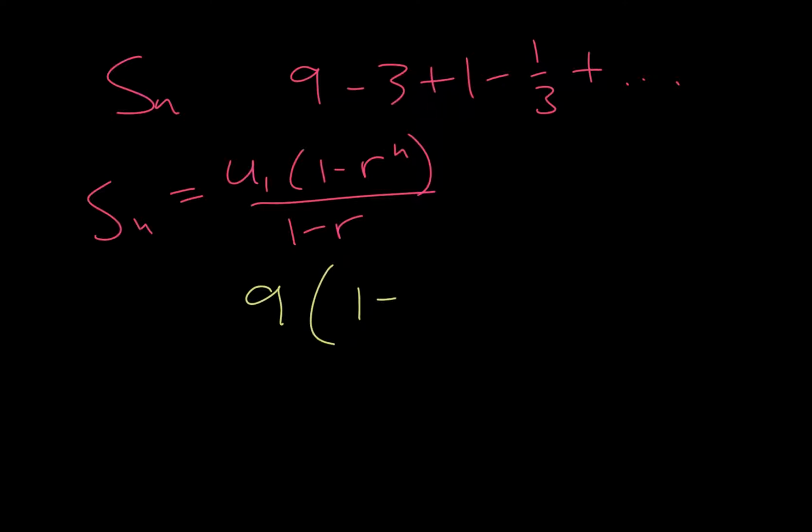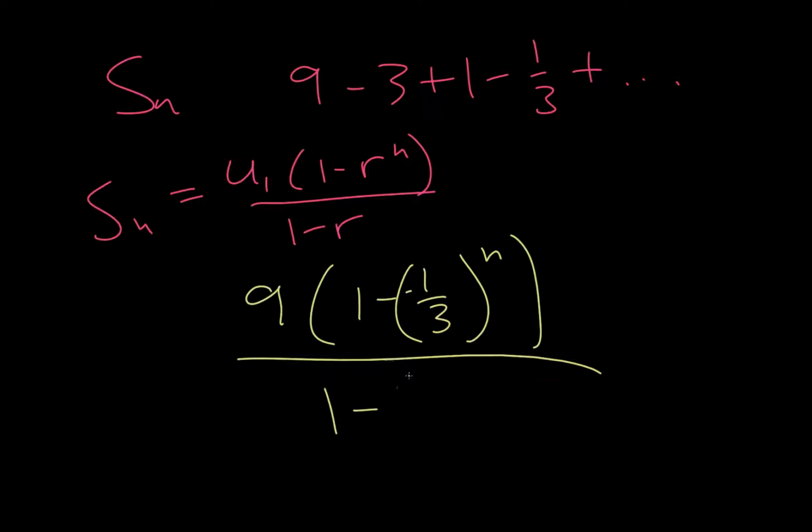Now we want to figure out our common ratio. We're definitely decreasing as far as the magnitude goes for each one. So 9, 3, 1, 1/3. And so our r is going to be 1/3 because we're dividing by 3. However, because the signs are flipping, positive, negative, it's actually a negative 1/3. And then we're going to raise that to the n, all over 1 minus a negative 1/3.